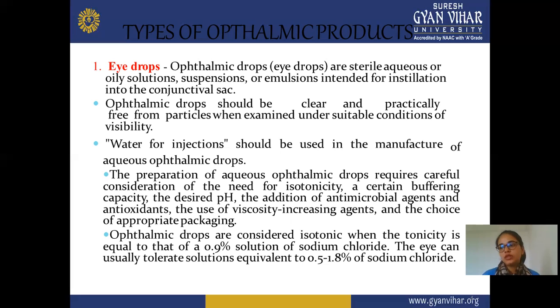The pH is also required for your eye pH. So if you don't formulate your formulation at that particular required pH, then it may also show some problem. And you should prepare according to your eye pH. So these are the two very important conditions that you should maintain for this eye drop. One is isotonicity and second is pH condition.